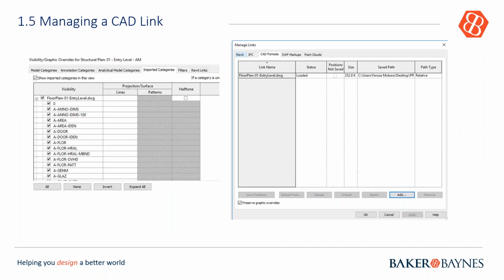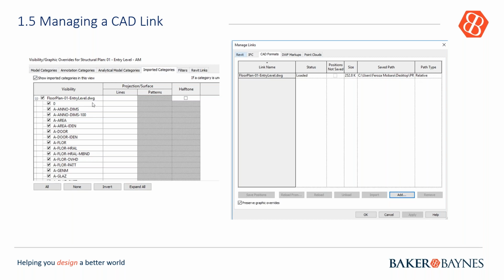The other option that we have is managing the CAD link. Now, even though the drawing is essentially static when it's linked into the Revit, which means you can't actually edit the objects, there's a few ways how you can manipulate it, right? So in your visibility graphics, which is this little image here, it has a dialog tab for imported categories.